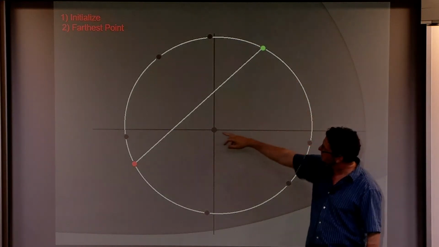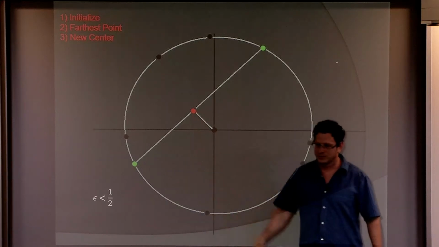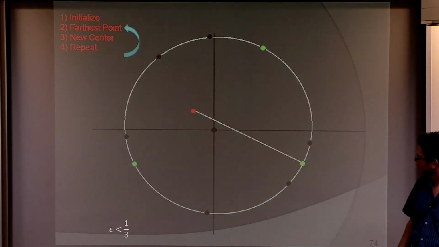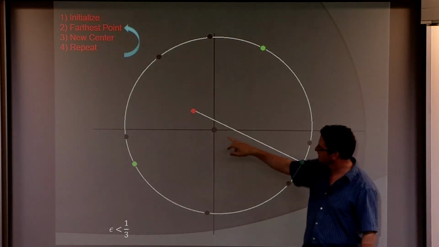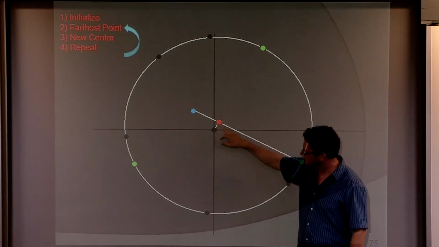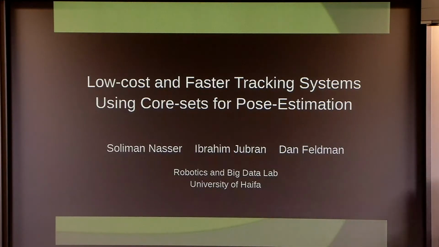Then project the original mean on this line, and continue. For the new mean, take the farthest point, take the projection on this line, and the claim is that in every iteration we get smaller and smaller error. Since I don't have too much time, I will try to show you a movie of how it works in practice.